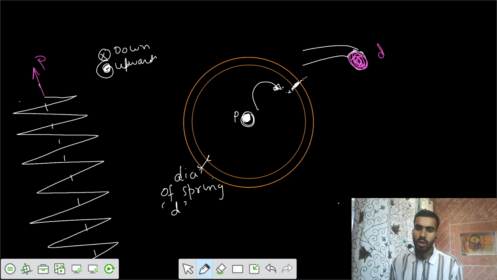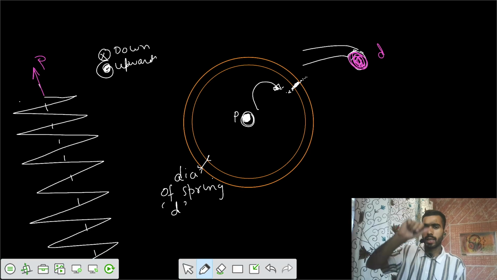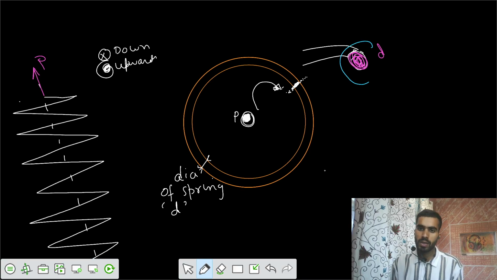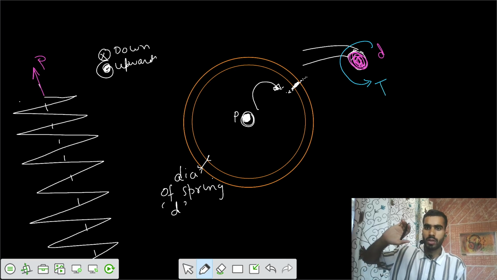On that there is some resistance developed because your load is trying to rotate it in the clockwise direction. So there will be anti-clockwise resistance. That would be some moment, let's call that moment torque.